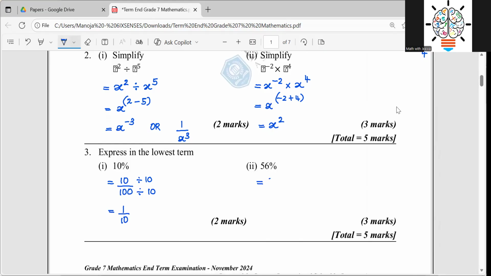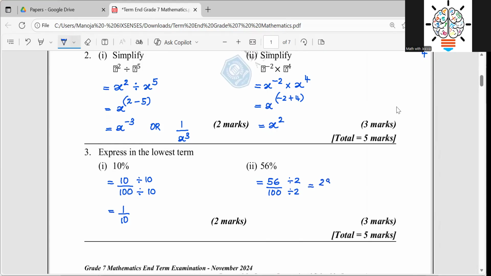And this one, I can write 56 out of 100. If you are good at the multiplication table, straight away you can simplify this. If not, you can do this step by step. You just divide this by 2. So what will be the answer? When you divide 56 by 2, it gives me 28.